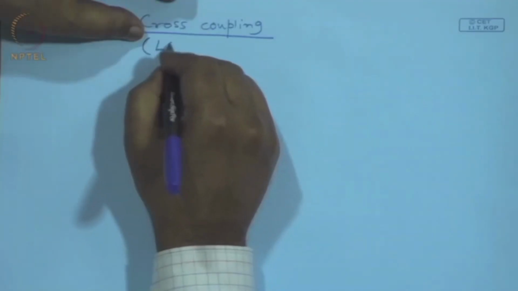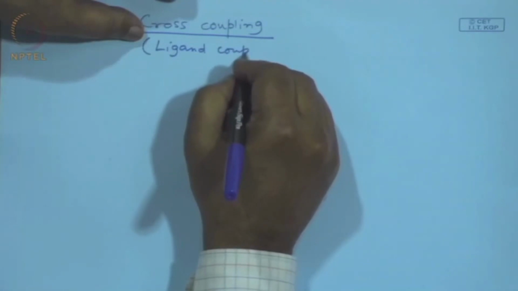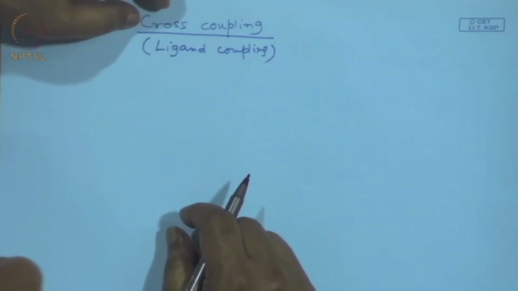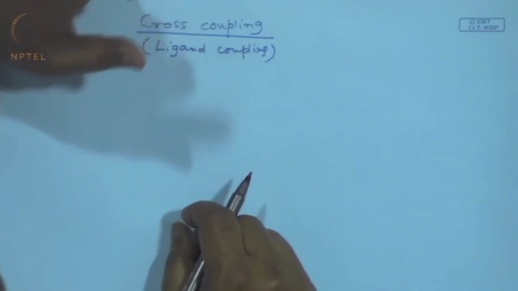I think the best thing would be the organometallic people's term. Have you ever heard of ligand coupling? If you remember ligand coupling, that tells you what exactly cross coupling is. That's two different ligands on the metal surface undergoing coupling.